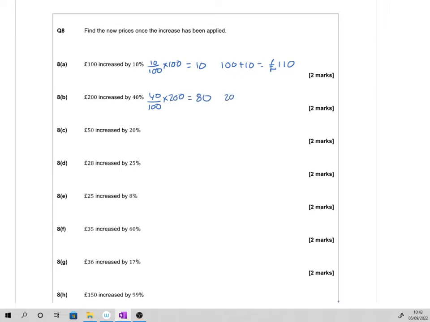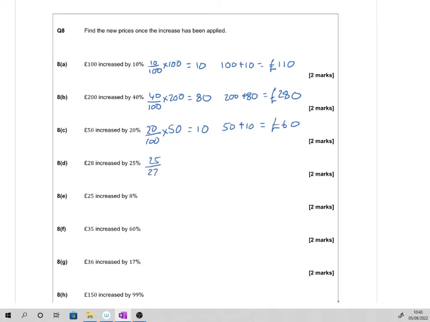And 200 plus 80 equals 280. 20%. Oh, they're all increased. Okay, so 20% of 50: 10% is 5, 20% is 10. So 50 plus 10 equals £60.